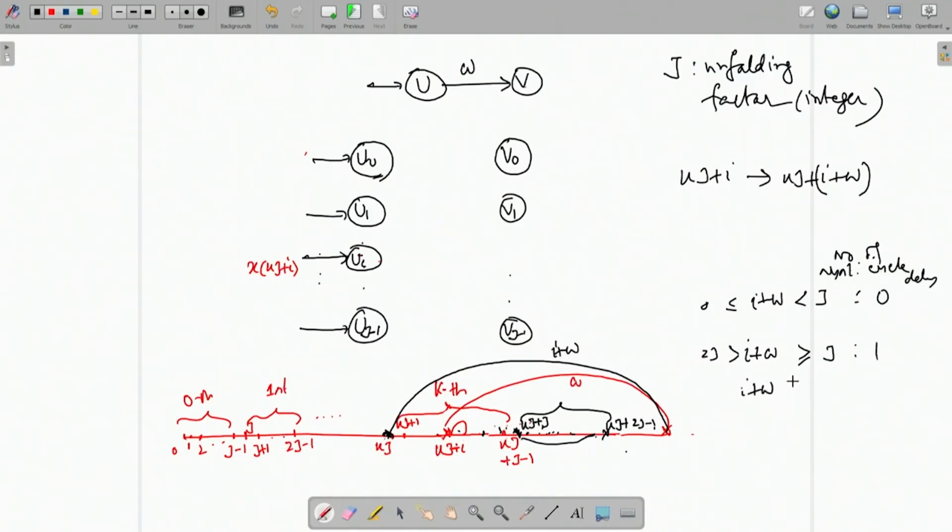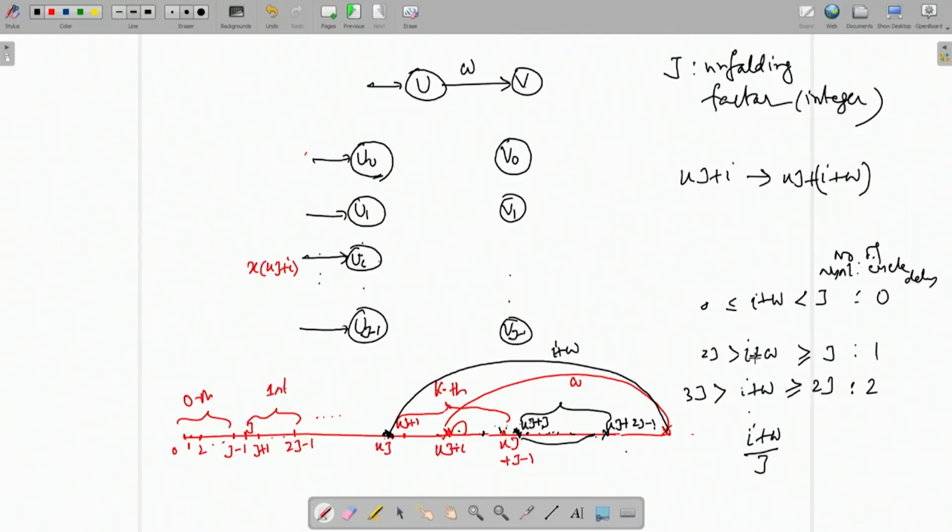Then again, if I plus W is greater than equal to 2J, less than 3J, you will be in the next block. So, you will need 2 system cycle delay, dot dot dot. So, actually if I divide I plus W by J and find the quotient: if I plus W is less than J, quotient is 0, I need 0 system cycle delay.